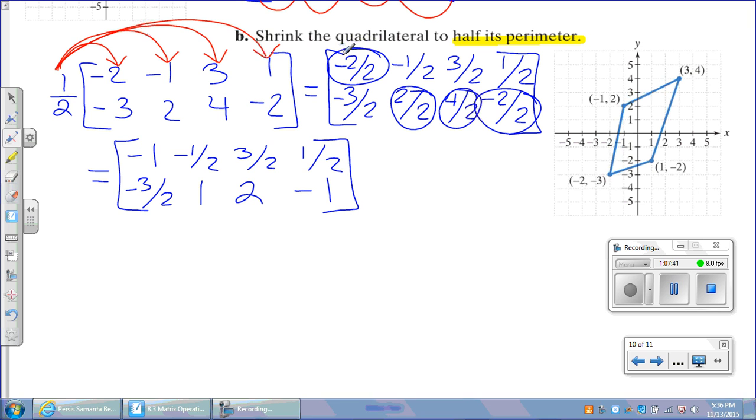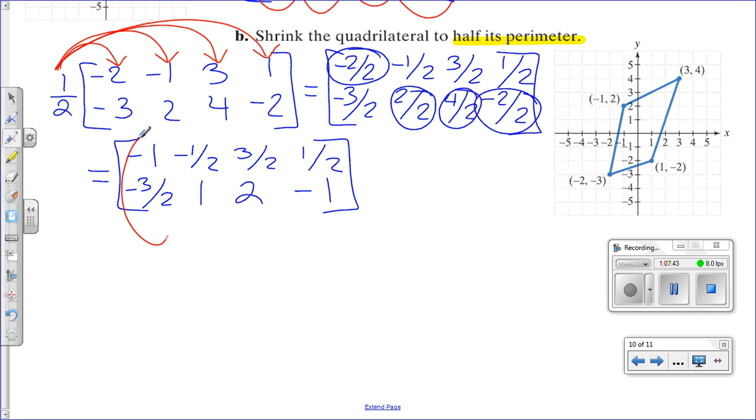Now I'm going to go ahead and plot the points. So remember, the first column is my first point. So that is -1, -3/2, so that is here. -1/2, comma 1, here. 3/2, comma 2. And 1/2, comma -1.